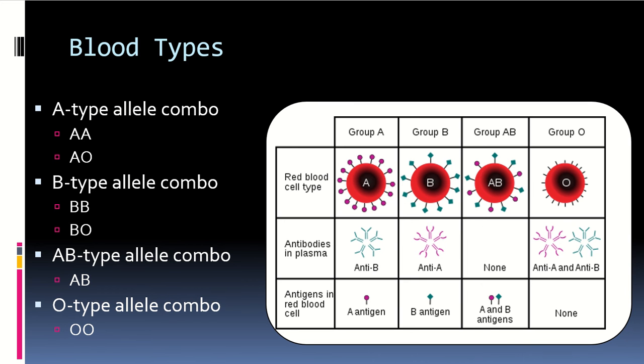It is for this reason that people with O blood type can only accept blood transfusions from people who also have type O blood. Otherwise, they would form antibodies and reject the blood transfusions if it came from someone who's A, B, or AB.